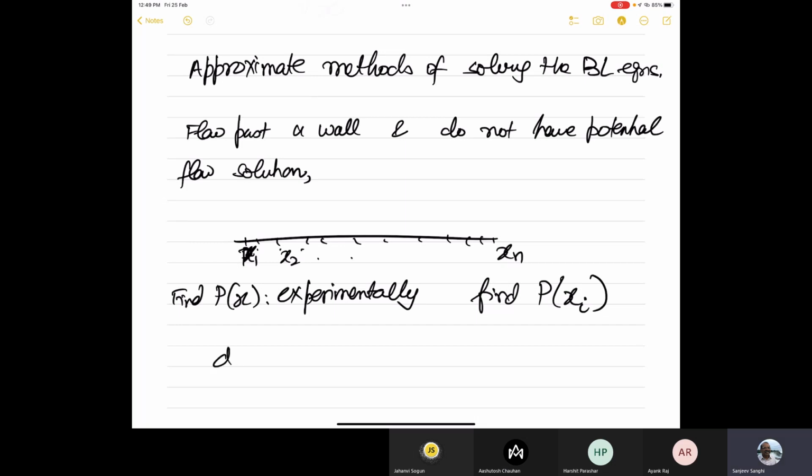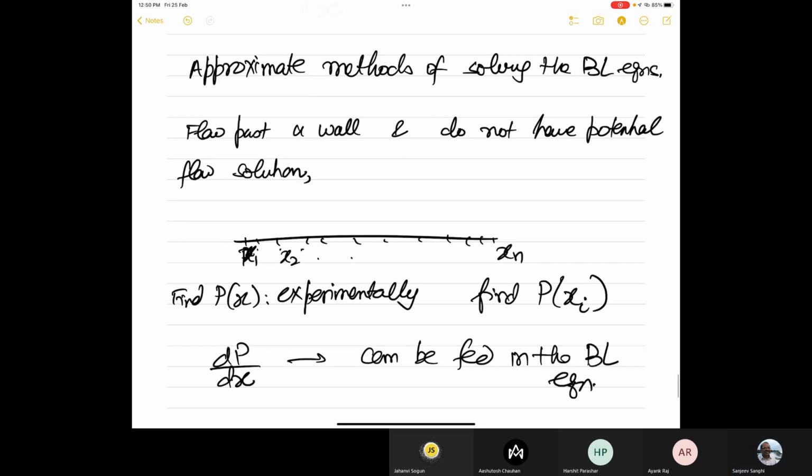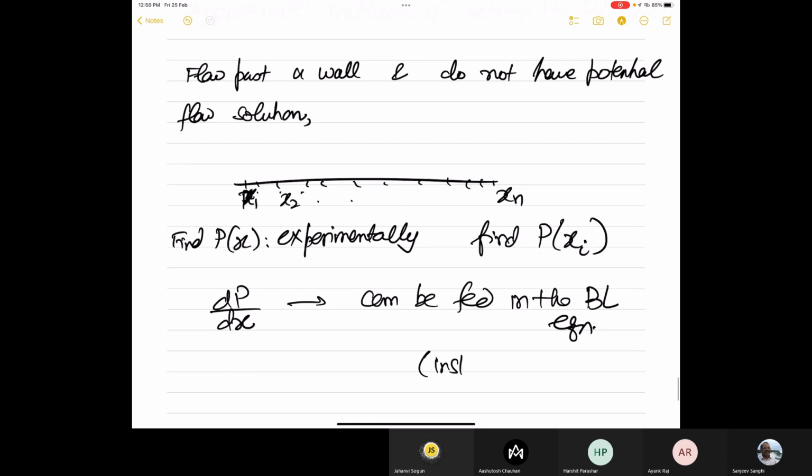And from here, we can calculate dP by dx. And this can be fed in the boundary layer equation instead of U dU by dx. And possibly one will have to do this if there is a porous plate or something like this.